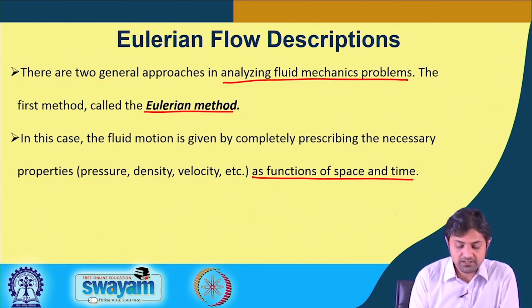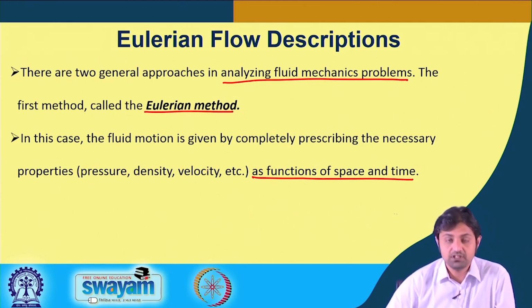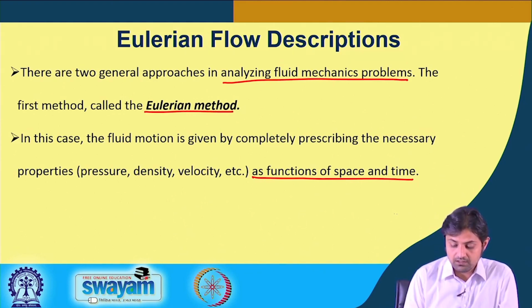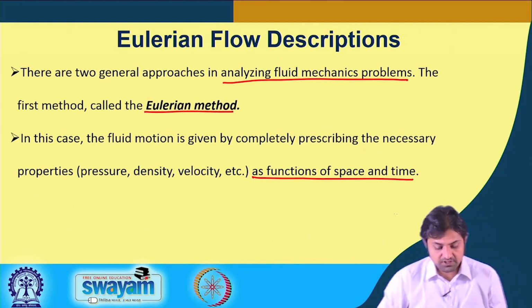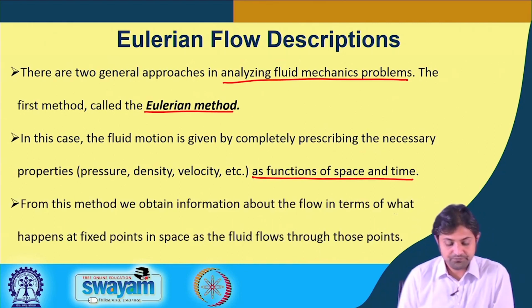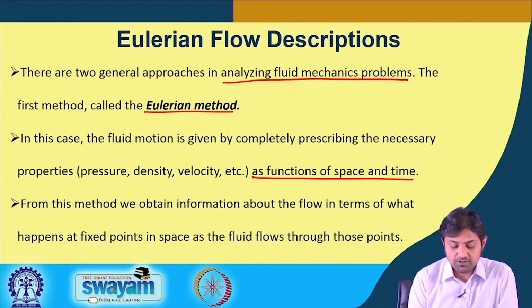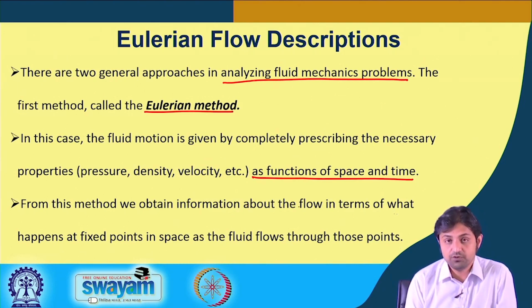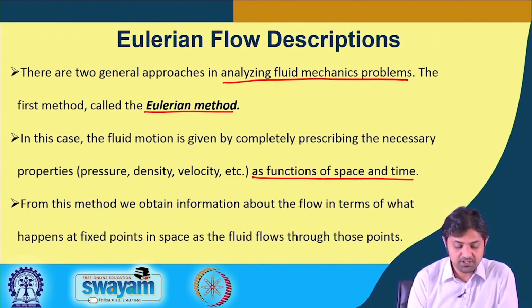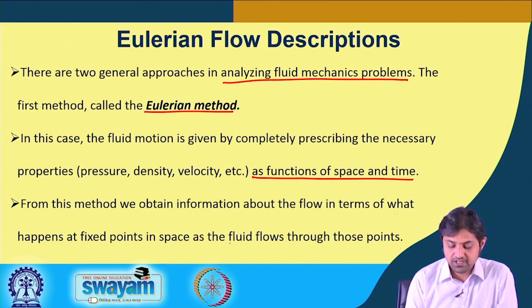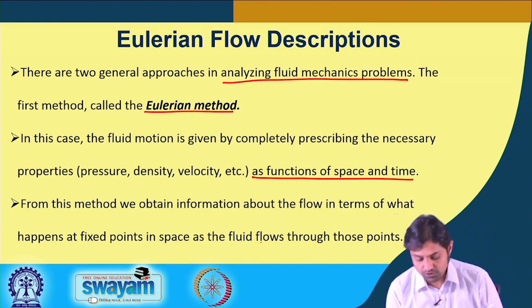So, pressure, density, velocity, whatever properties you have, even acceleration, are prescribed by describing them as a function of space and time. From this method, we obtain information about the flow in terms of what happens at a fixed point in space as the fluid flows through those points.